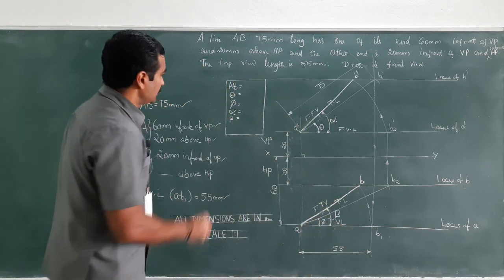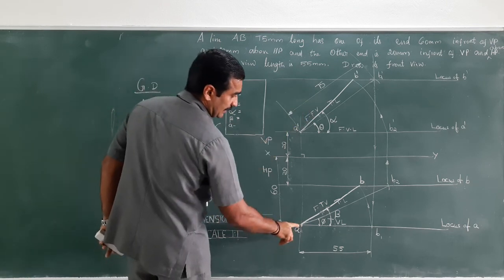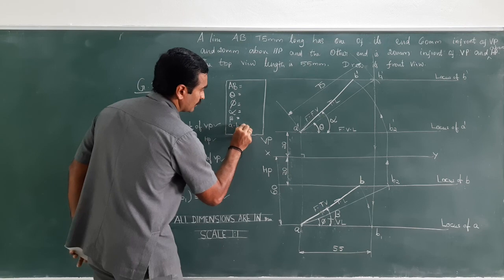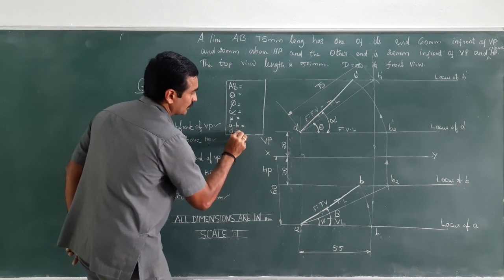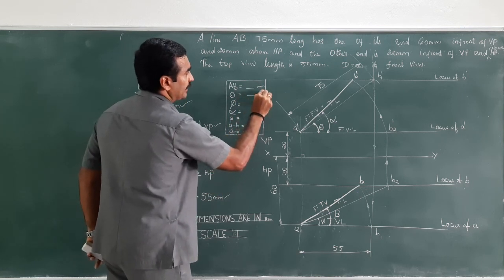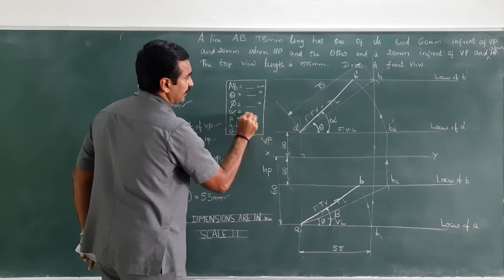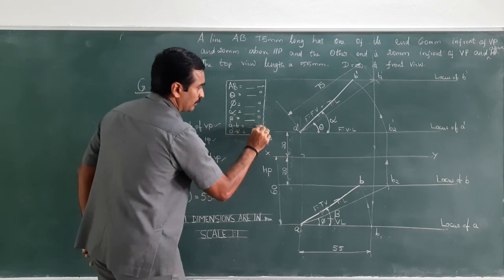Then what else? The final top view, which is ab, and the final front view, which is a dash b dash. This should be in mm, and this should be in degrees. This also should be in degrees. This also should be in degrees. This also should be in degrees, and mm.